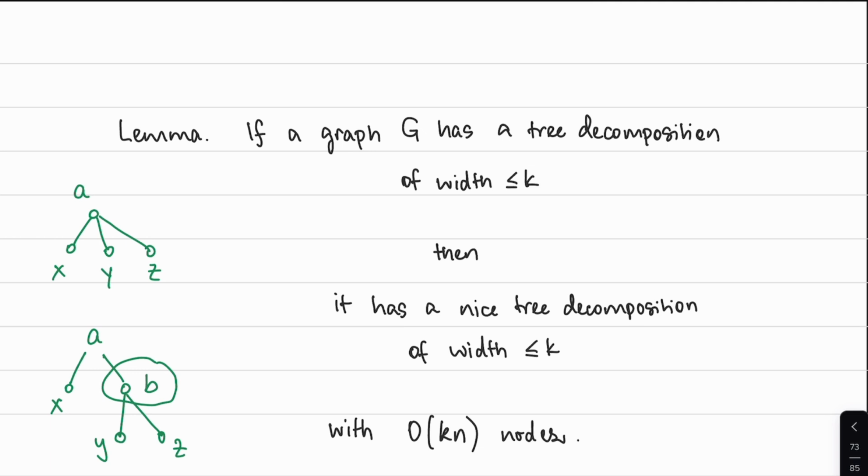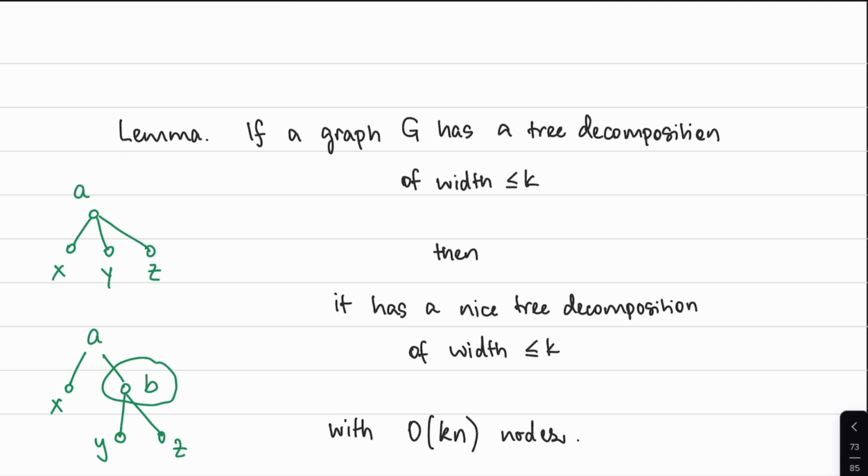So that's one way that you could reduce the degree of a vertex that has too many children. And you probably have a sense of keeping track of how many new vertices you're introducing. So you could, for example, say that, well, suppose we start with an arbitrary tree decomposition. Let's make it a non-redundant tree decomposition so that it has at most n nodes to begin with, as we already know.